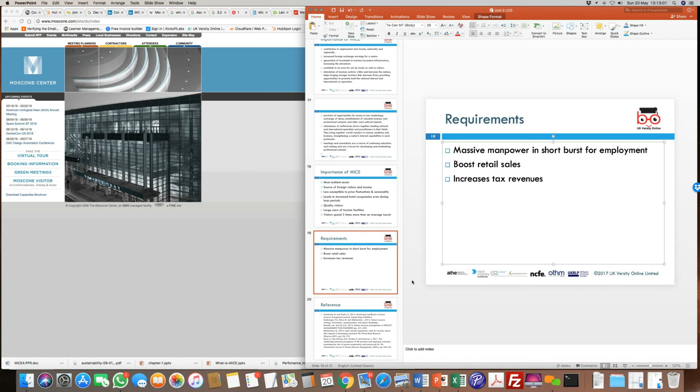It's an employment opportunity for them for a period of a month, but after the event is over, the employment opportunities disappear. There's a certain spike in sales for the local venues or the local shops in that area, but once the event is over, that spike in sales disappears.